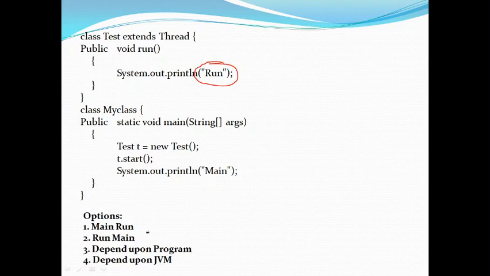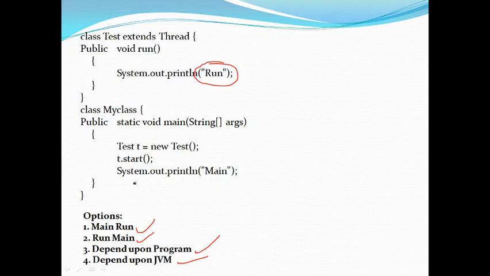Is it main run, or run main, or does it depend upon the program, or depend upon the Java Virtual Machine? What we normally think is, first of all t.start, then immediately the main method is going to execute. The main is going to print out, then with the help of t.start, run is also called. It may be so.